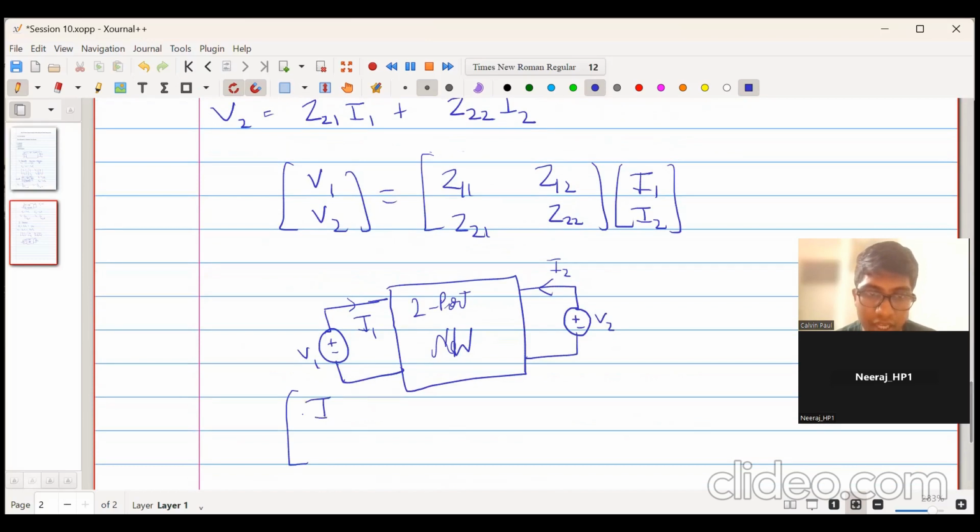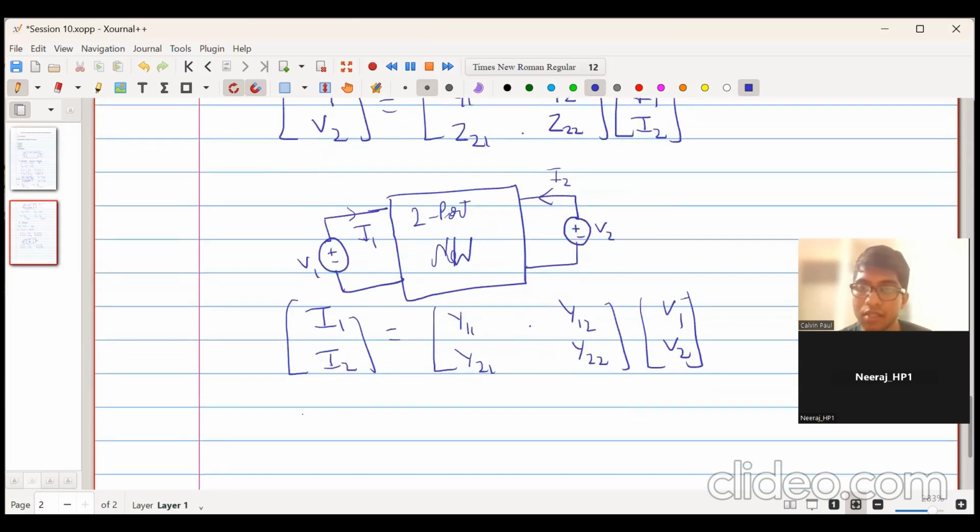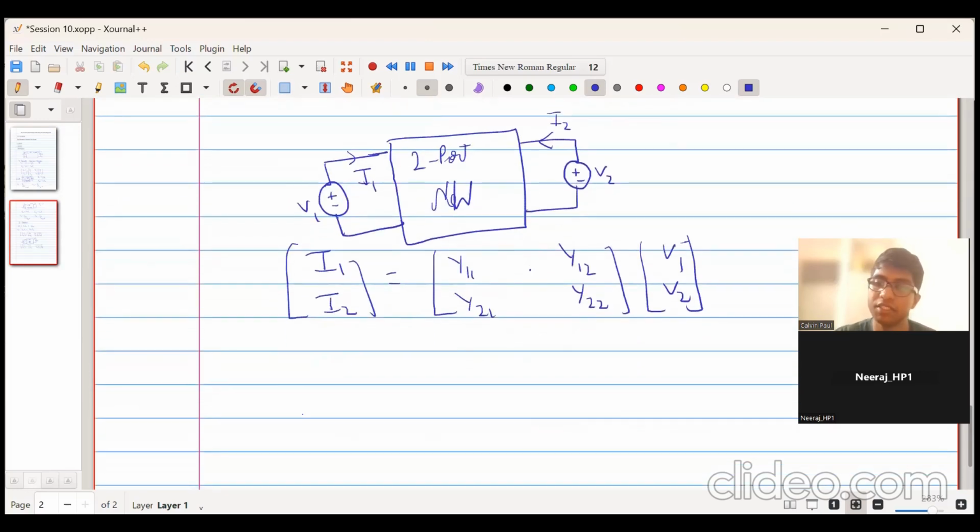I1, I2 is equal to Y11, Y12, Y21, and Y22 in terms of V1 and V2. If you observe this matrix and this matrix, they are inverse of each other. If we take the inverse of this matrix, we will get the matrix Z, right? So that is how these two parameters are related to each other. Okay.